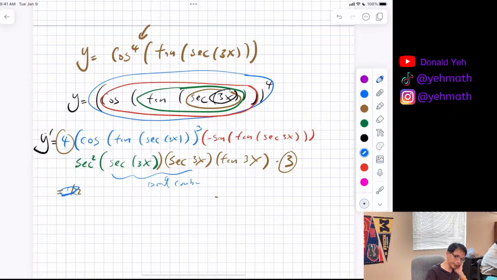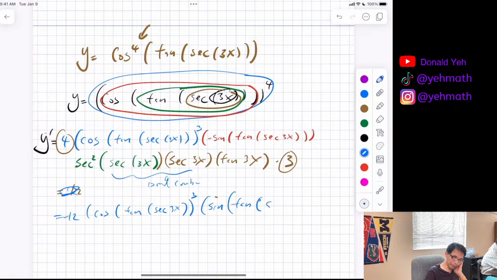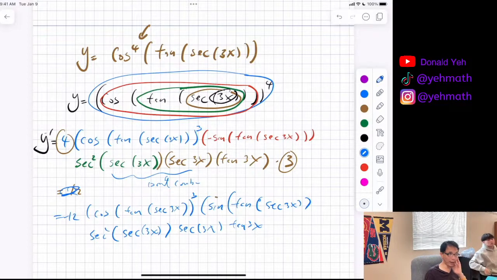So that's going to be 12 cosine of tangent of secant of 3x to the 3rd, times, and this is negative because that's negative sine, sine of tangent of secant of 3x, times secant squared of secant 3x, and times tangent of 3x. And that's it. That's our final answer.